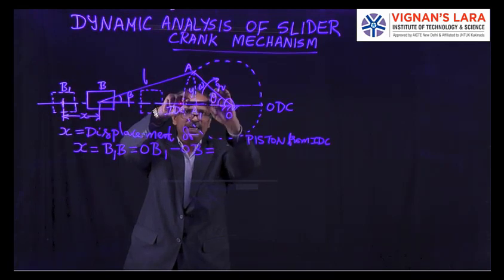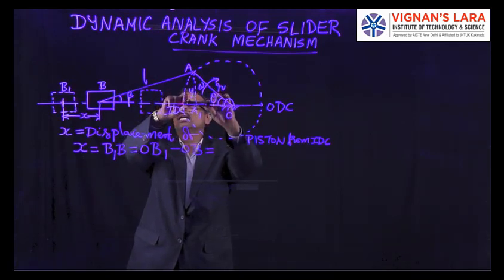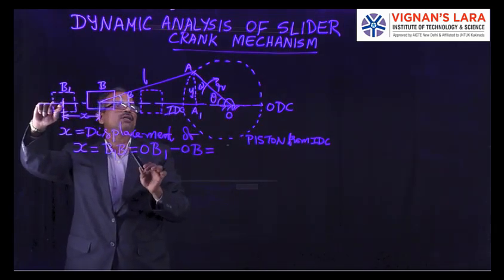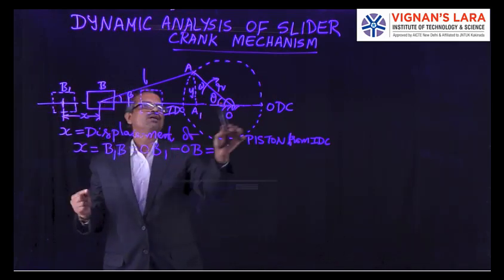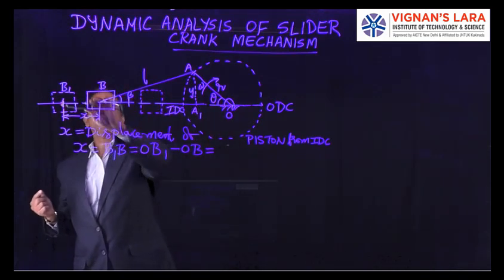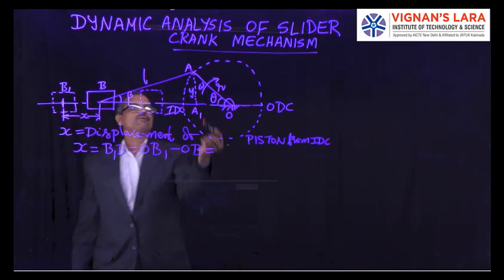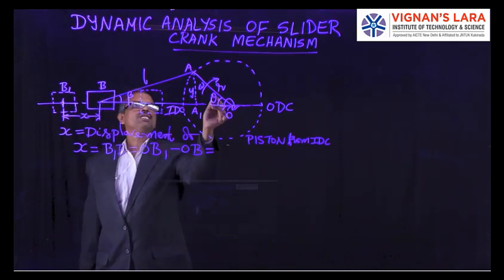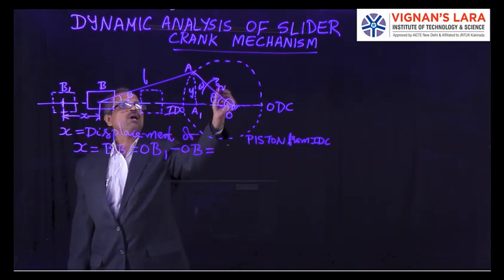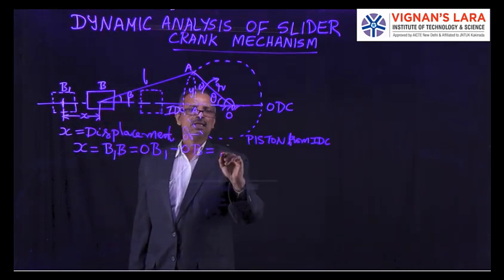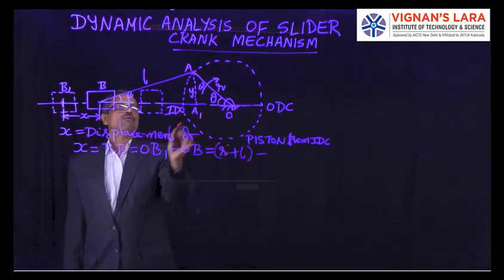When the crank reaches inner dead center, the connecting rod reaches the B1 position. That means it becomes a horizontal line, which is nothing but the length R plus L. So OB1 can be written as R plus L minus OB.